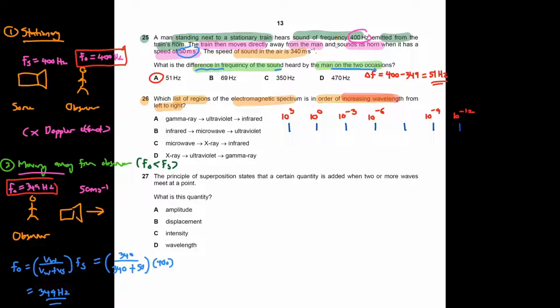Okay, there's one odd one here where between 10 power minus 8 and 10 power minus 9, you have to put 10 power minus 7. This is because you have to take into account visible light. Because wavelength of visible light is from 400 to 700 nanometer, which is actually 4 to 7 times 10 power minus 7 meter. That's why you have a 10 power minus 7 here.